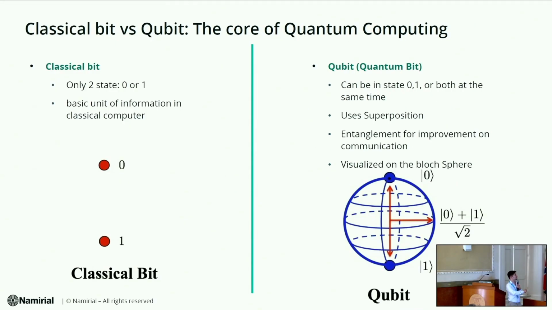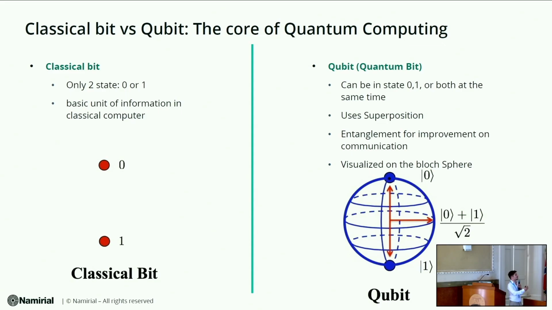Just to understand why a quantum computer is so much more powerful than a normal computer, at the base there is the quantum bit, the qubit. In the classical way that things are done in our computers, we have bits that are either 0 or 1, which can be in only two states.